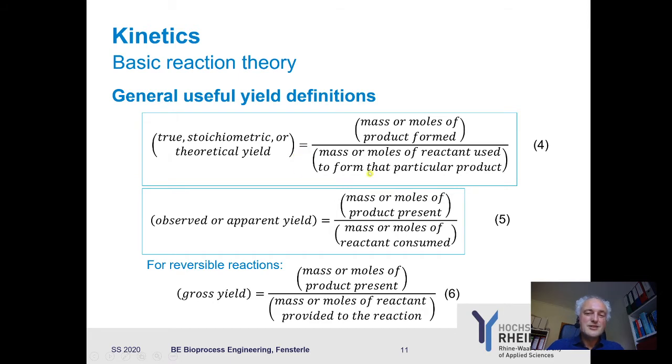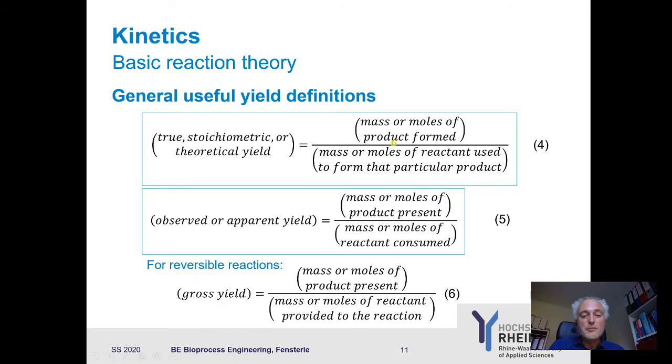So already here you see always mass or moles. A yield could be a mass yield, or a yield could be a molar yield. And of course, that makes a difference. If you have 1 gram per gram, this is not exactly the same as 1 mole per mole. It depends on the molar masses of the reactants involved.